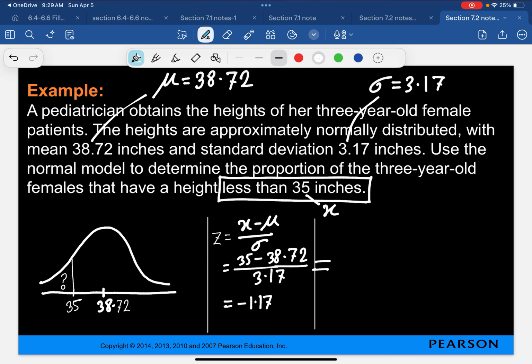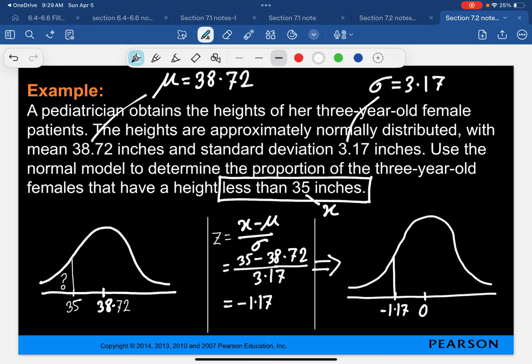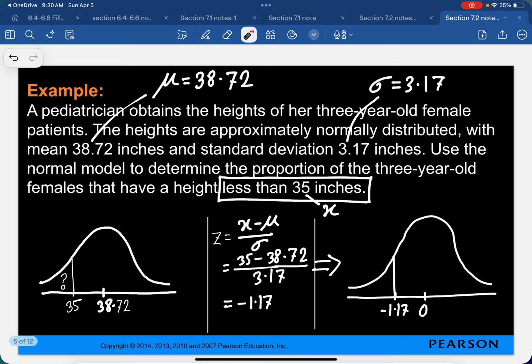When we make the conversion, the picture becomes the standard normal distribution, with mean 0 and standard deviation 1, right? The corresponding z value over here is negative 1.17. So we are going to find the area to the left of negative 1.17, all right?